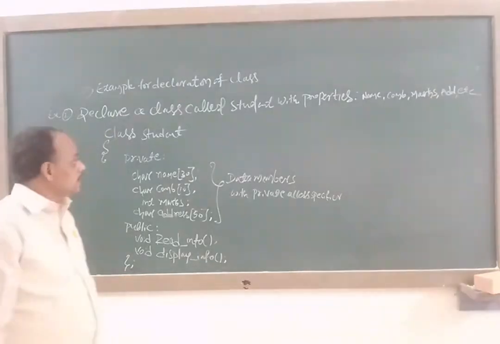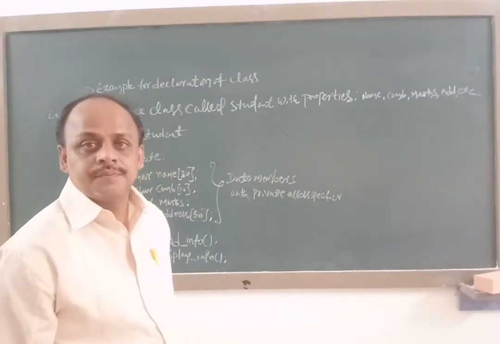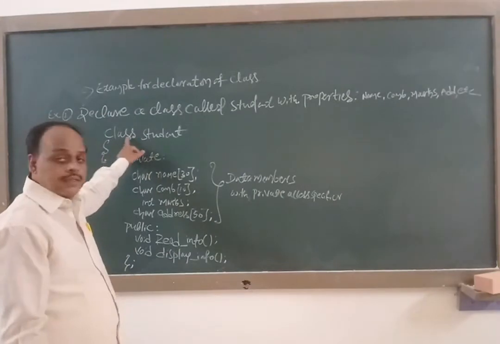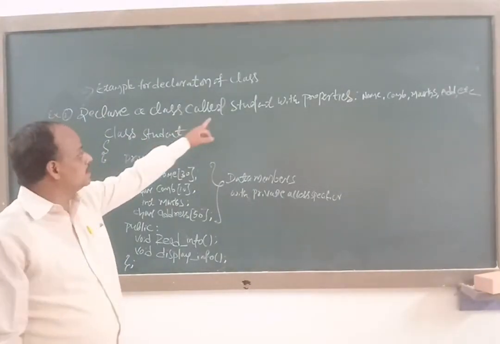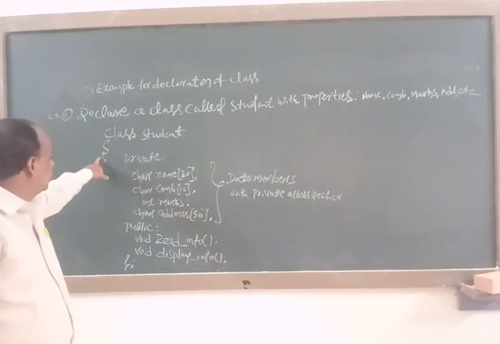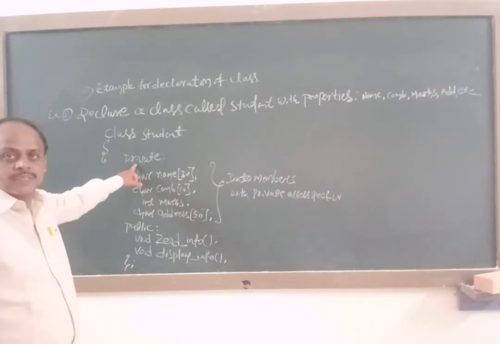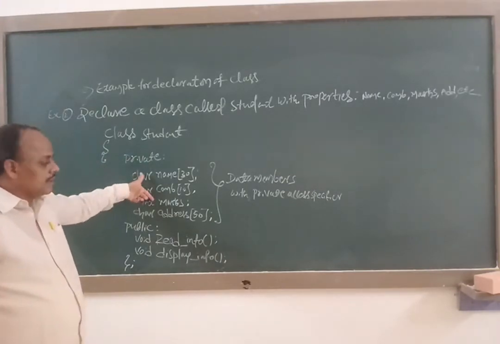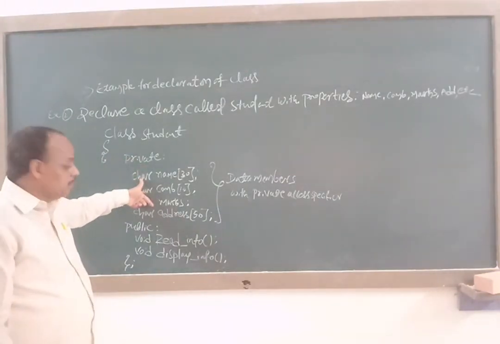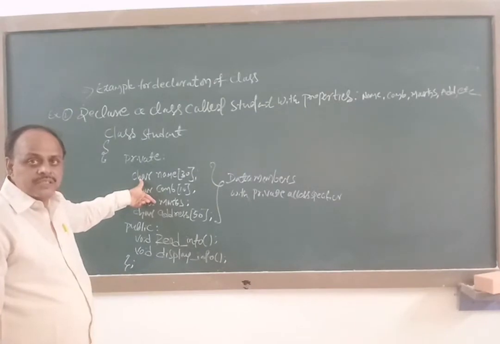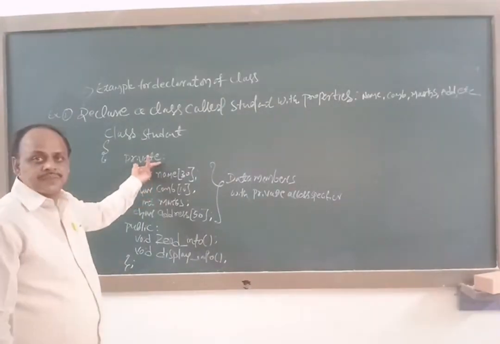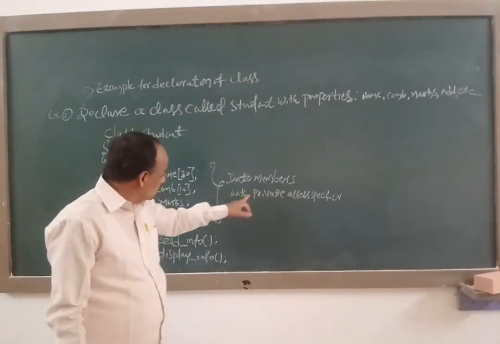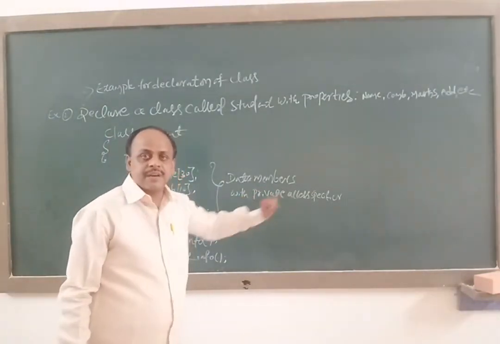See here what I have written. Class name student is given, open flower bracket. We have to write an access specifier, that's why I wrote private here. Afterwards we write member functions. That's why I wrote data members with private access specifier.